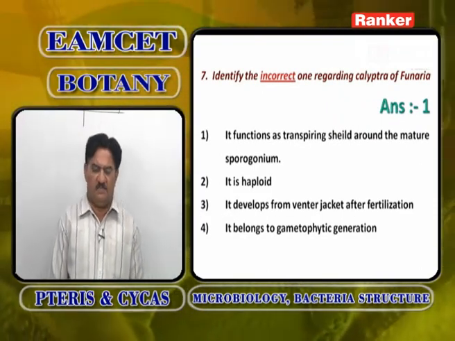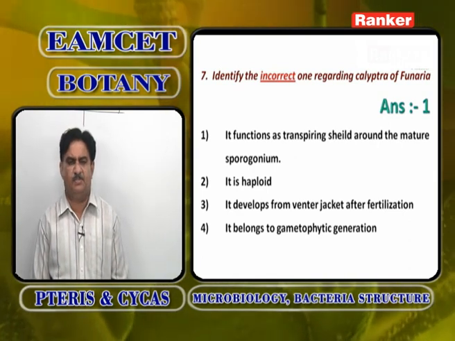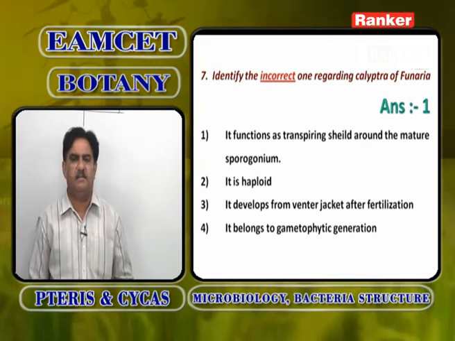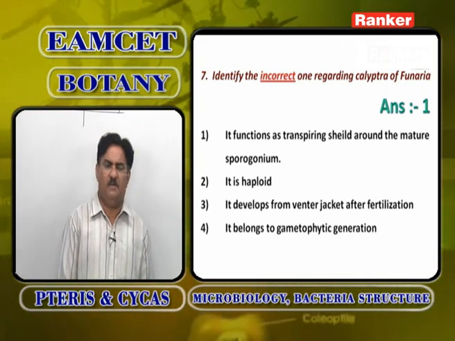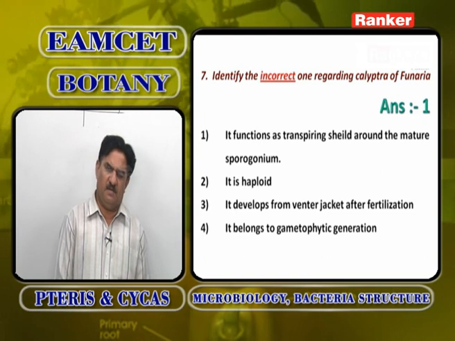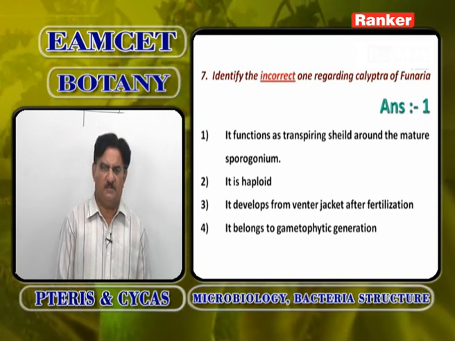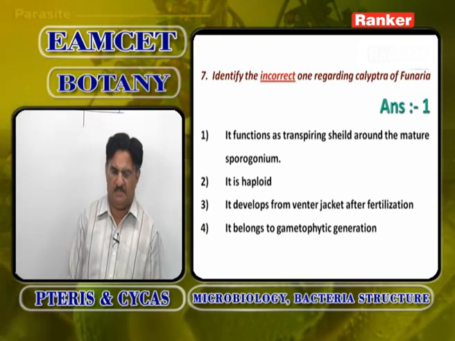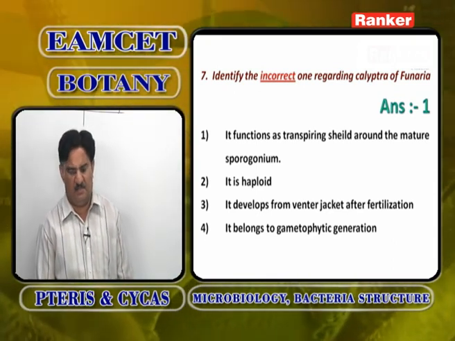It functions as a transpiring shield around the mature sporogonium is wrong. It functions as a transpiring shield in young sporogonium, correct. In the mature sporogonium, the calyptra is gone, the operculum is gone, and the peristomial teeth get exposed. So the first option is wrong here.